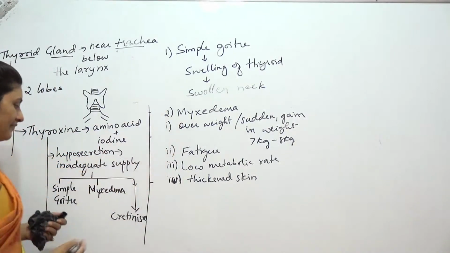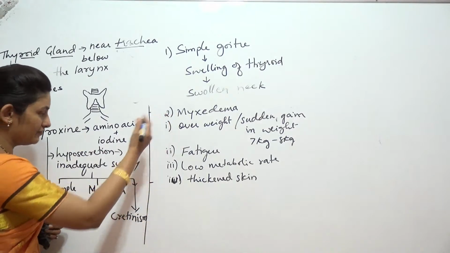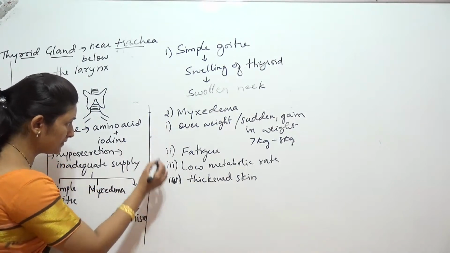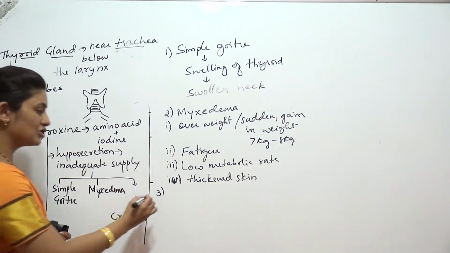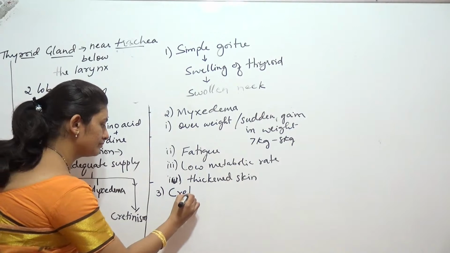This is the condition that we come across in a person, maybe a female or maybe a male, but we usually come across it in females. The next one, the condition that is cretinism.